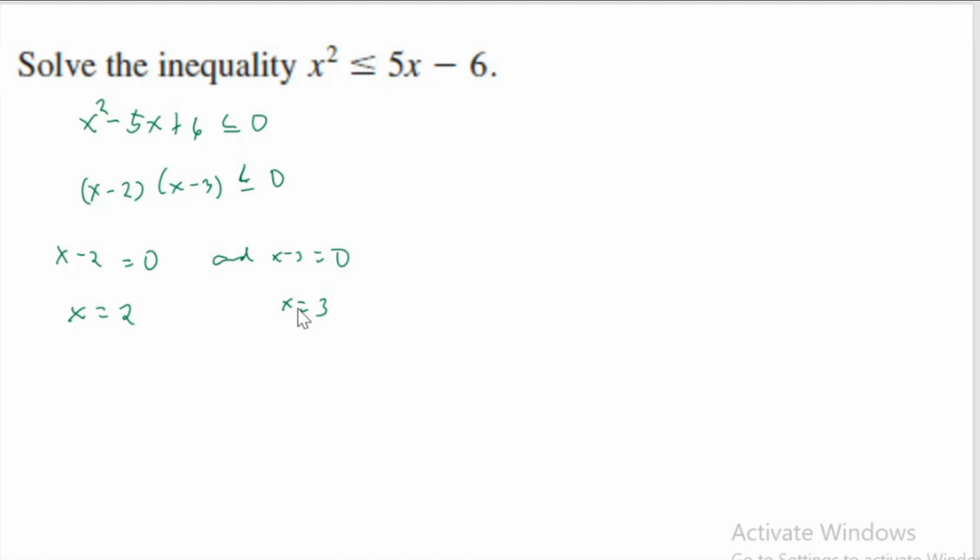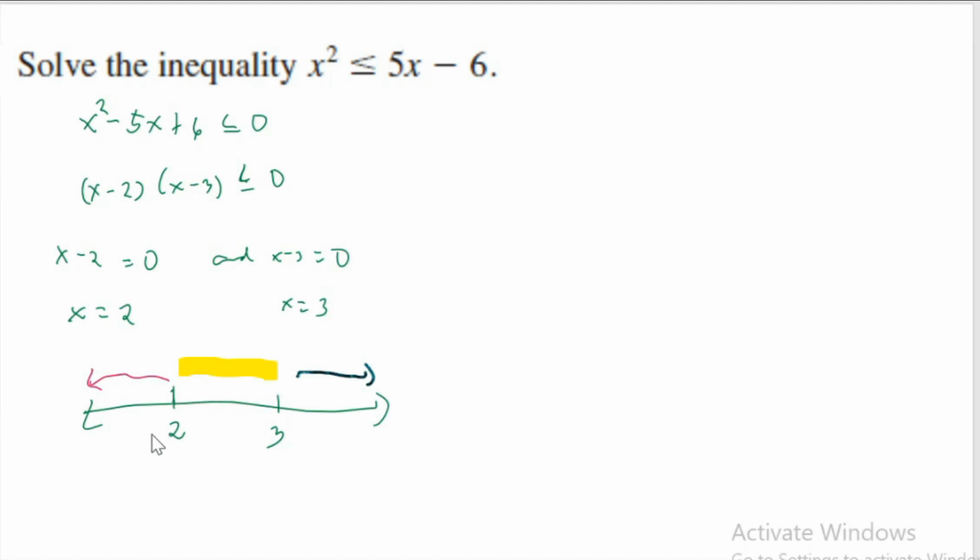The numbers 2 and 3 divide the real line into three intervals. So let me show that one. If this is now the real number line and this is the value of 2 and this is now the value of 3, as you can see this real line is divided into three parts. This is the first part, the second part is this one, and the third part will be this one.